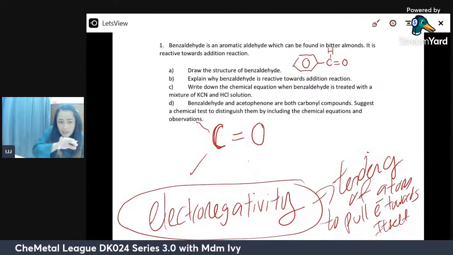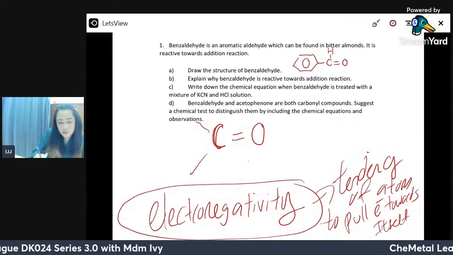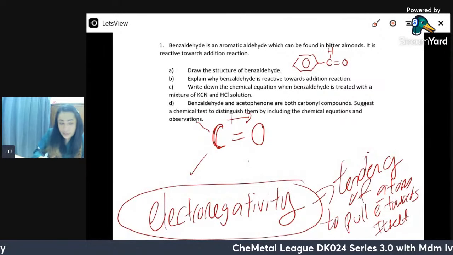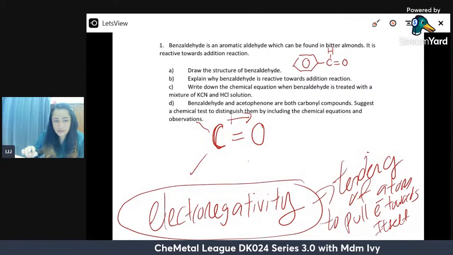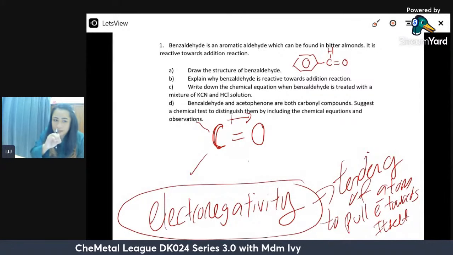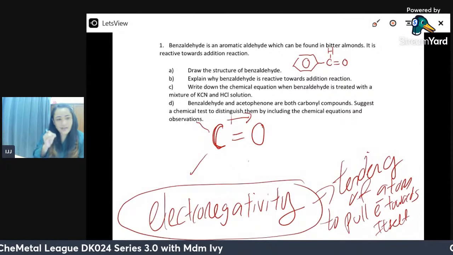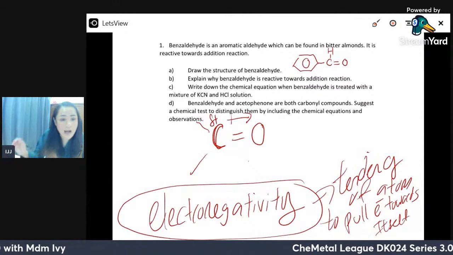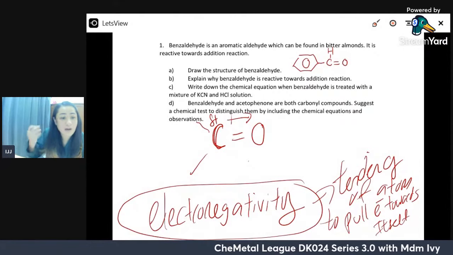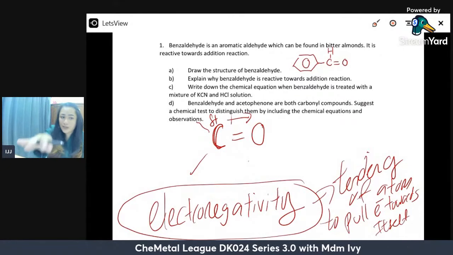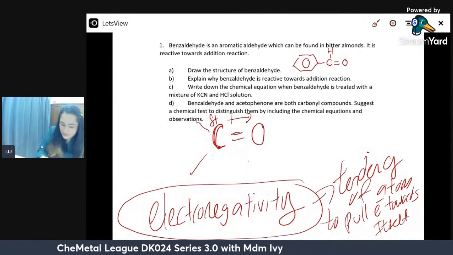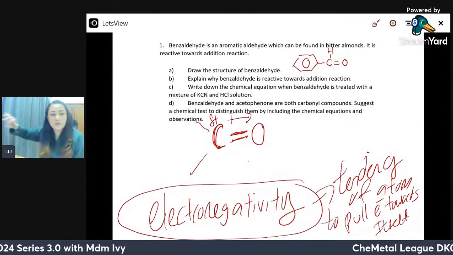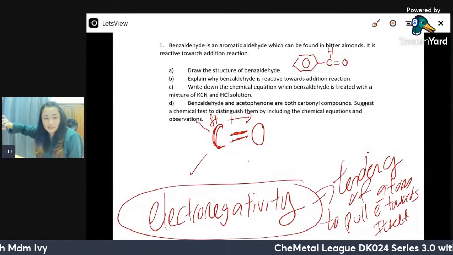Kenapa? Sebab all the electron is closer towards your oxygen. So bila elektron tu lebih dekat dengan oxygen, it creates a partially positive side on your carbon. Walaupun dia masih ada bond, still forming the bond with oxygen, but the electron cloud is more towards oxygen.